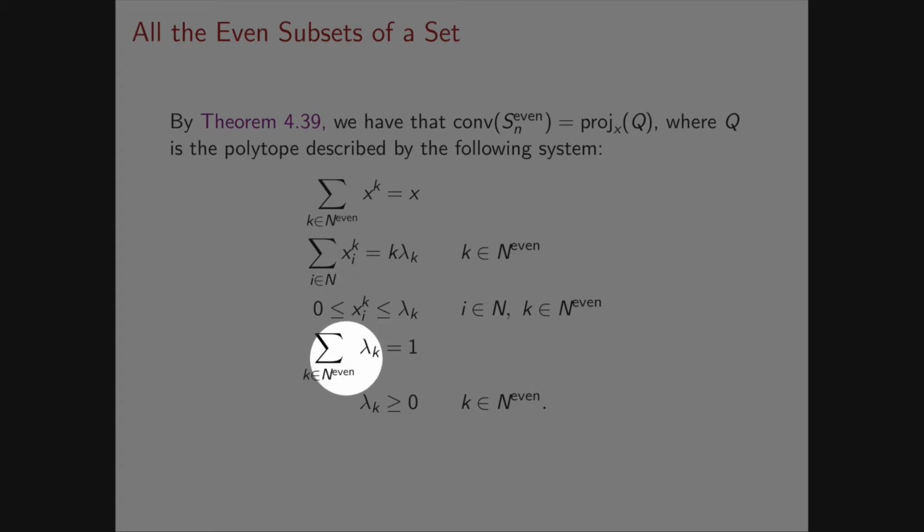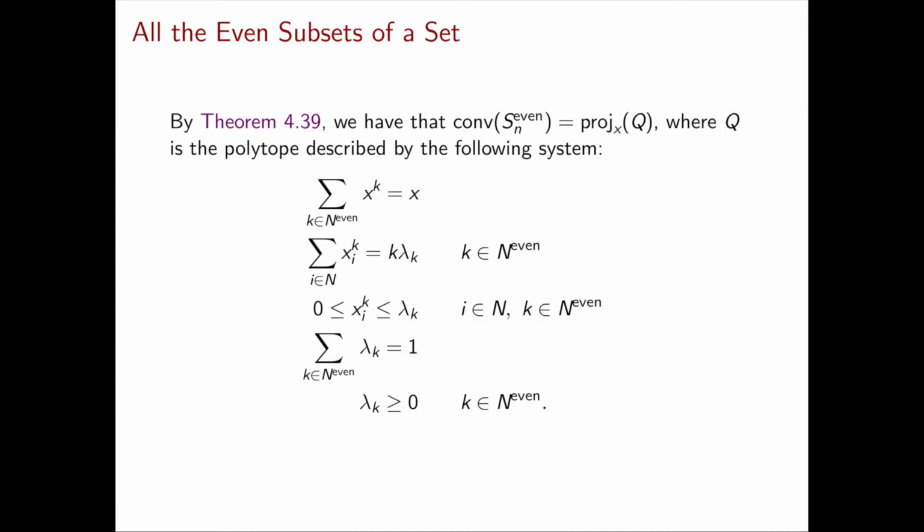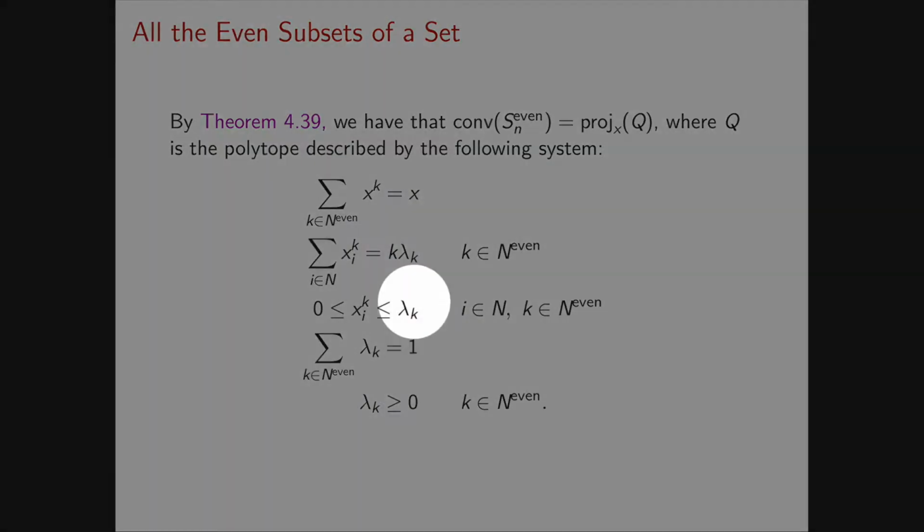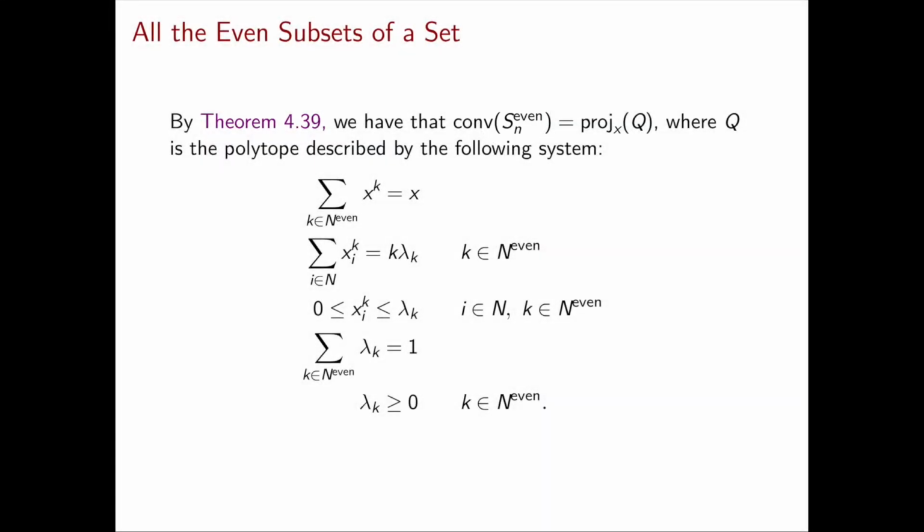Then we have that the sum of all the lambdas is equal to 1 and the lambdas are greater than or equal to 0. Now we know by Balas's theorem that the projection of this polytope Q onto the x space is exactly the convex hull of S_n^even, and the number of variables is of course polynomial, and so is the number of inequalities.